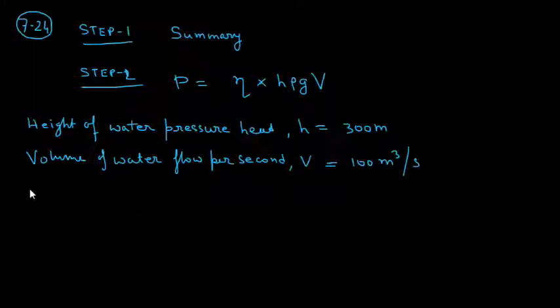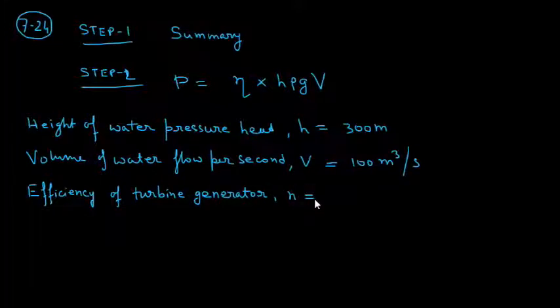Efficiency of the turbine generator, eta is equal to 60%, which is equal to 0.6.